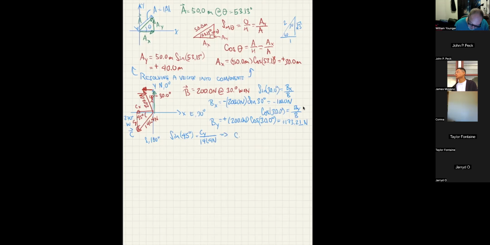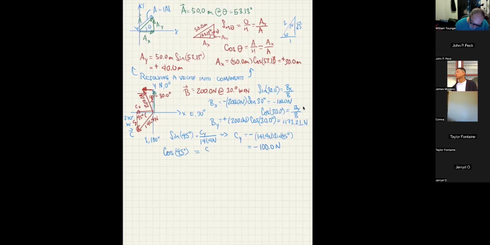So this means CY is going to be equal to negative 141.4 newtons times the sine of 45 degrees, which is equal to negative 100.0 newtons. Similarly, cosine 45 degrees is adjacent over hypotenuse.